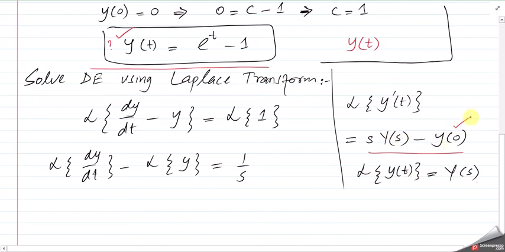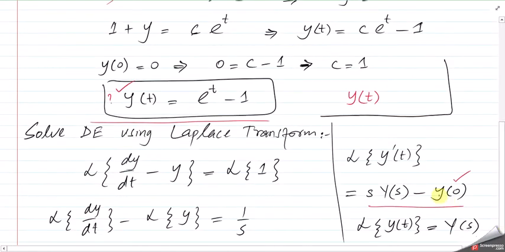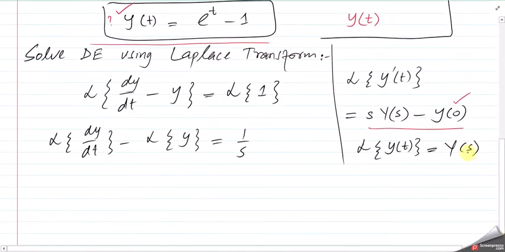This is known, because it is given in the question: small y of 0 is given. So we do not need to worry about this part. Capital Y of s, we have no idea what it is, but we will see.